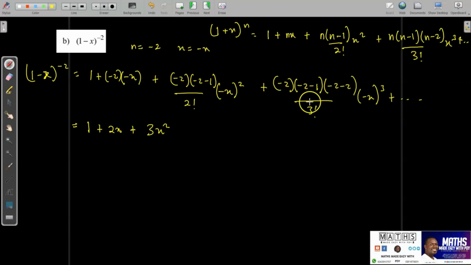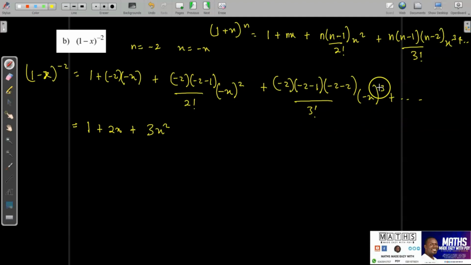And then 3 factorial is the same as what number? 6. So minus 24 divided by 6, what is the answer? -4. Are you sure? Yes, sir. So it is actually minus 4.